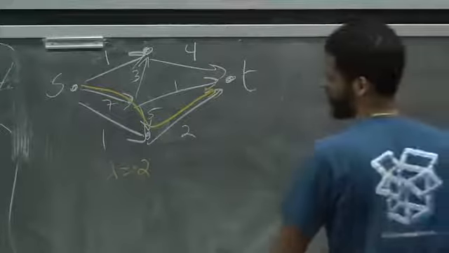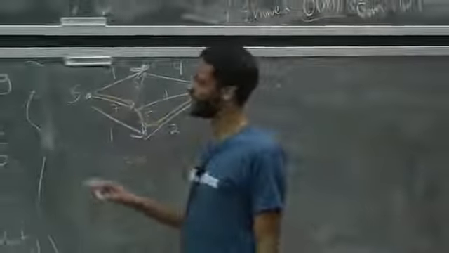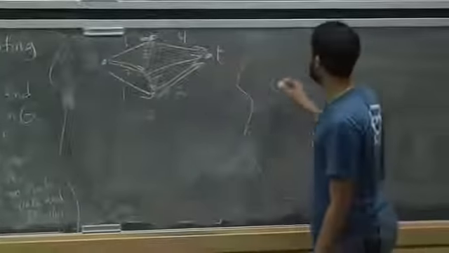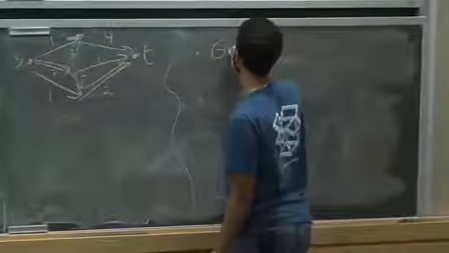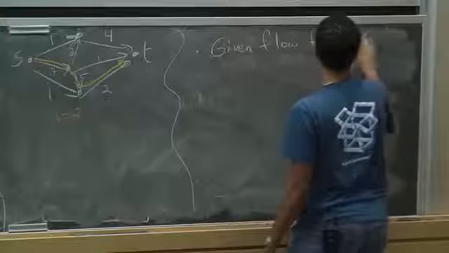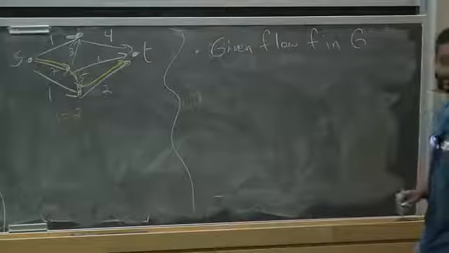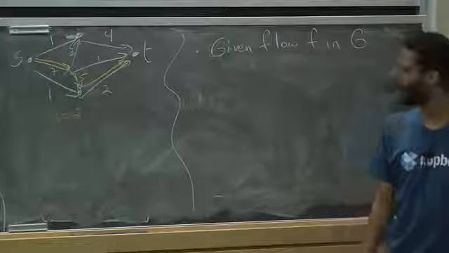Now let's say we find some flow in G. Do we always assume that the capacities are integers?